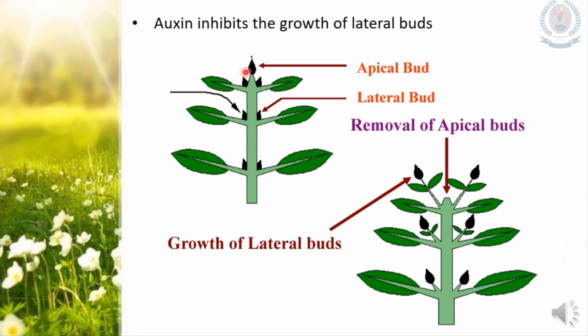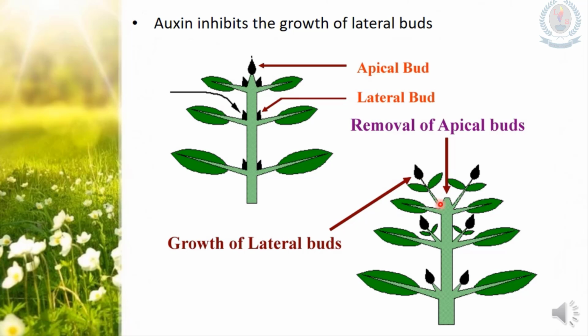It is producing auxin, and auxin molecules are distributed throughout the stem and increase its length. So at that time, the lateral buds are not getting the chance to produce auxin and grow as they wish. The apical bud is trying to inhibit the growth of these lateral buds.